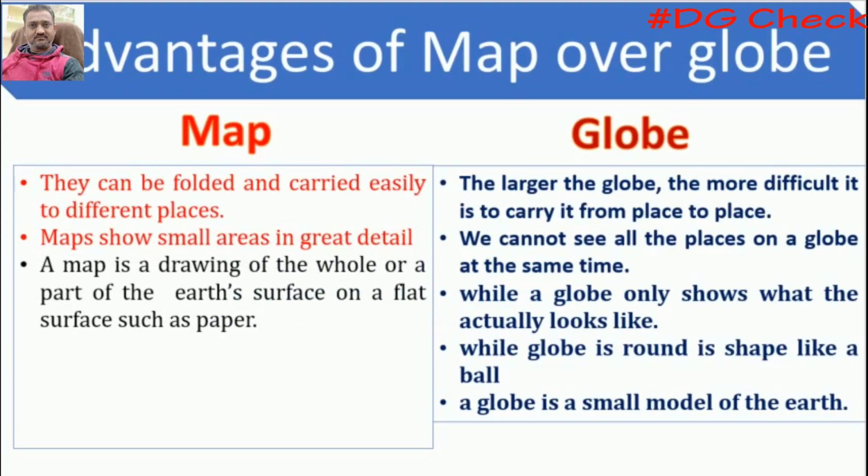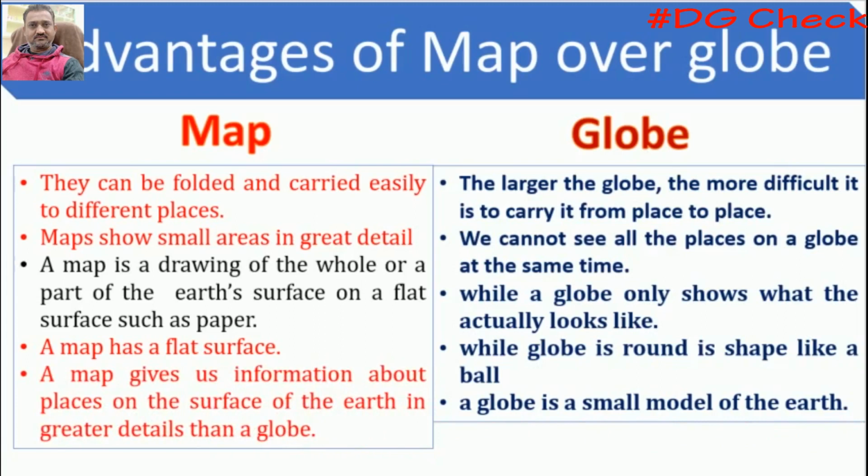A map is a drawing of a whole or part of the earth's surface on a flat surface such as a paper. A map has a flat surface. Likewise, a globe is round in shape like a ball. A map gives us information about places on the surface of the earth in greater detail than a globe. But a globe is a small model of the earth.